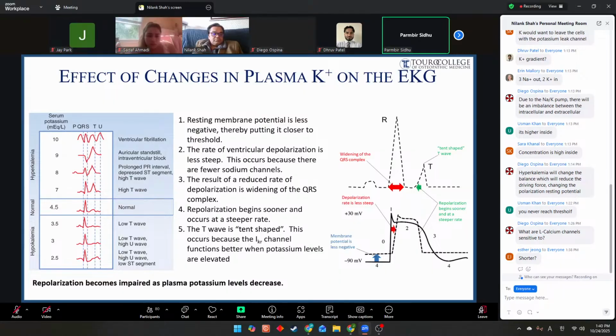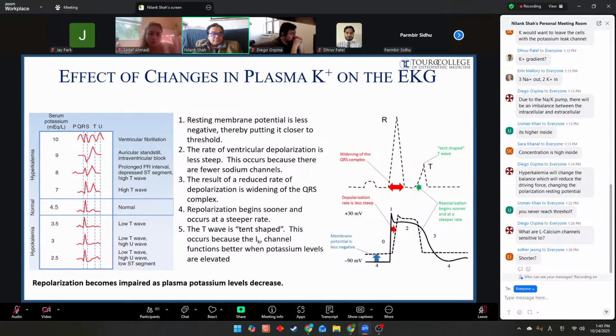So in hypokalemia, the membrane becomes less excitable and it's harder to stimulate. Why?